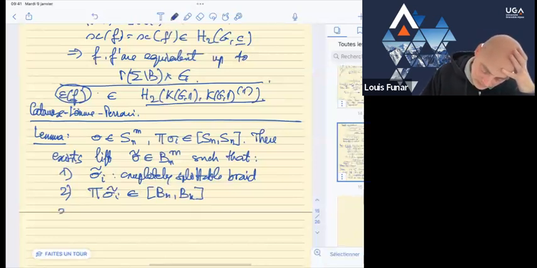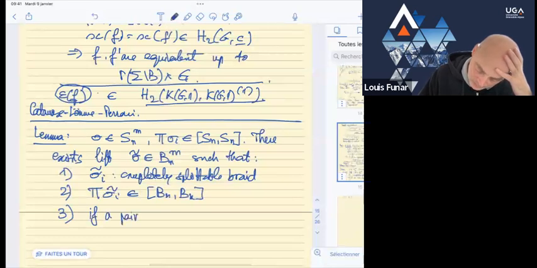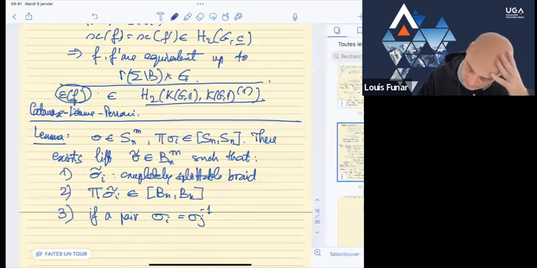And the first thing is that if you have a pair of elements, let's say sigma I and sigma G, that are actually inverse to each other, then you take their lifts to be inverse to each other.